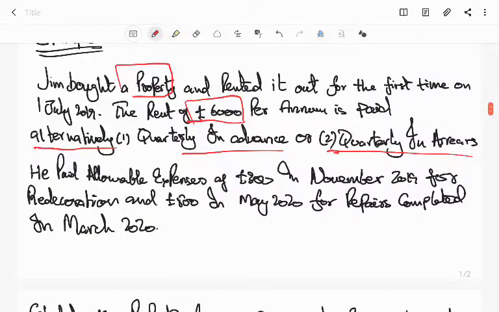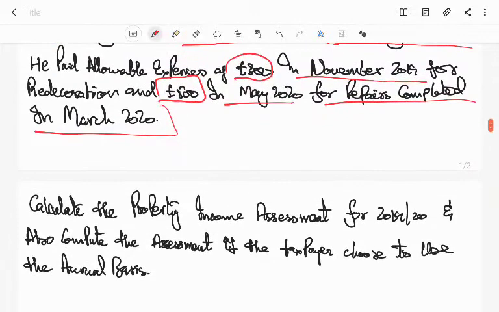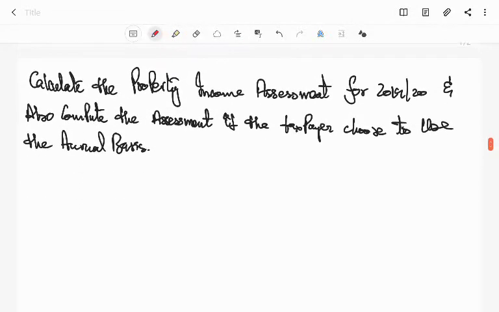He paid allowable expenses of £300 in November 2019 for redecoration and £500 in May 2020 for repairs completed in March 2020. Calculate the property income assessment for 2019-20, and also compute the assessment if the taxpayer chooses to use the accrual basis.